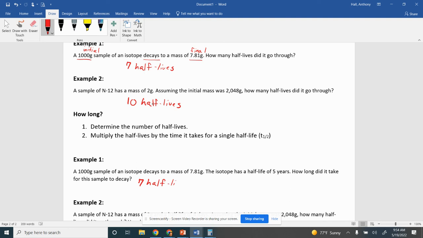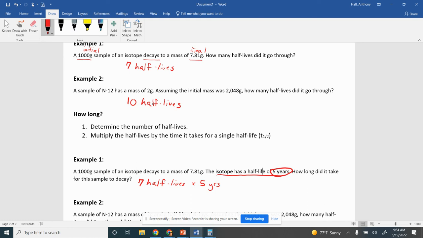And now that I know my half-lives, I need to multiply it by the time it takes for a half-life. Well, how long is a half-life based on this question? The isotope has a half-life of 5 years. 5 years. So I'm going to multiply that by 5 years.